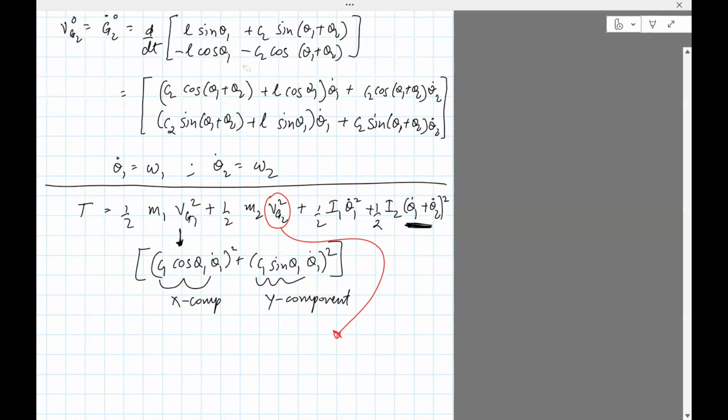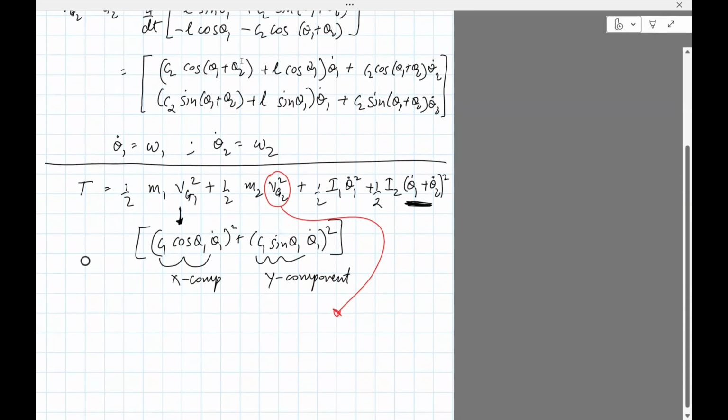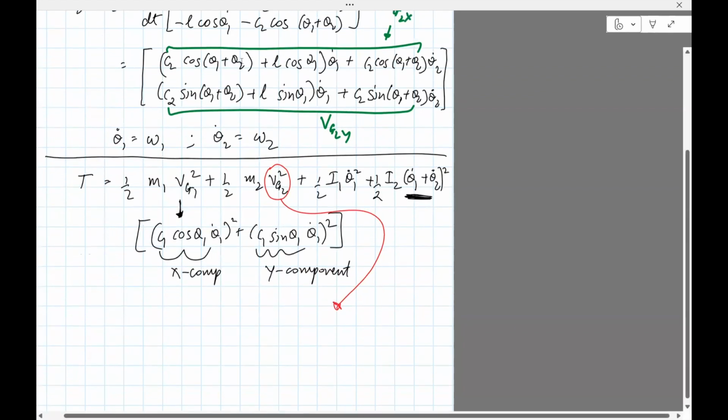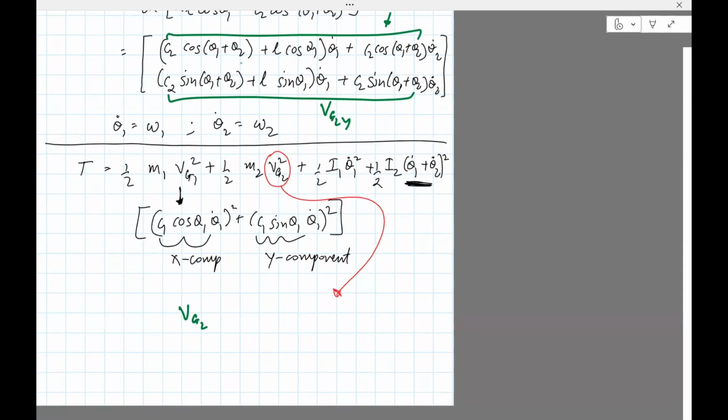I wouldn't even try to write that, but if you call this VG2x and this VG2y, this thing would be VG2x squared plus VG2y squared. And that is just so messy.